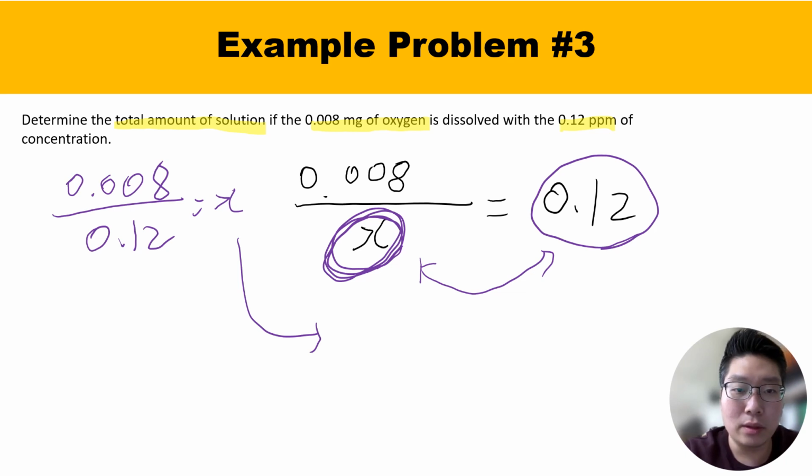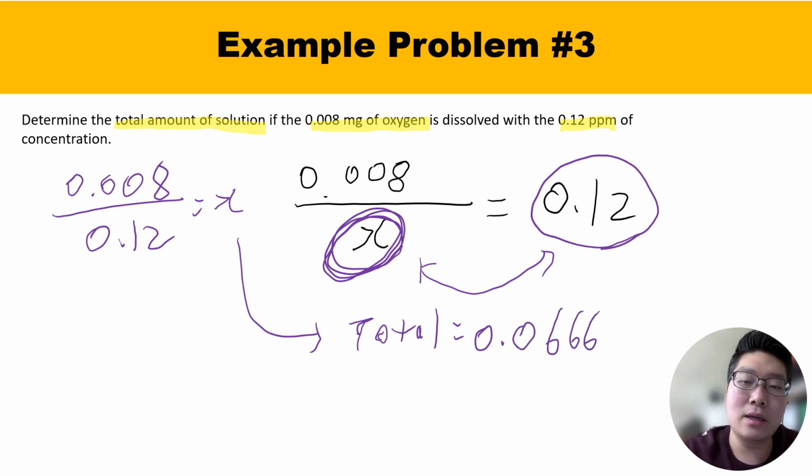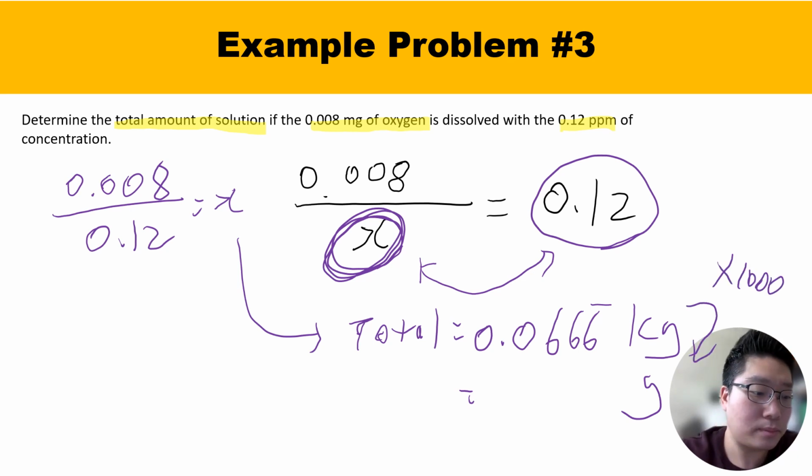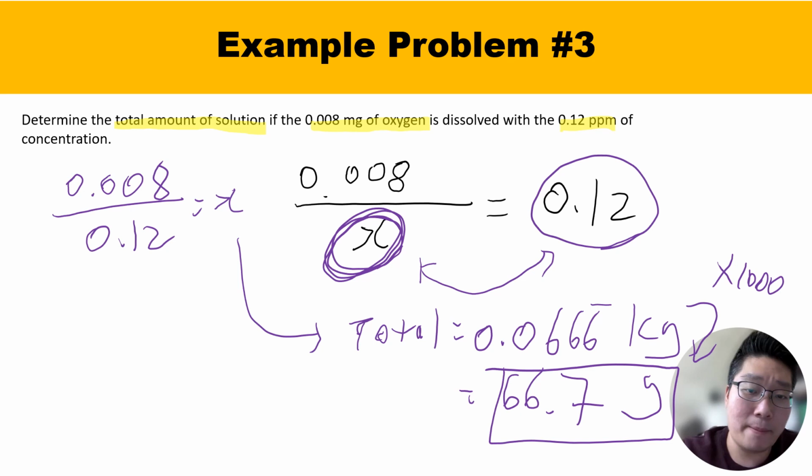The total amount is 0.0666, and it's actually repeating, kilograms, which is a perfect situation. I can just round it up using grams. All I gotta do is from here to here multiply by 1,000, so it goes 66.7 grams. That's how you solve the problem.